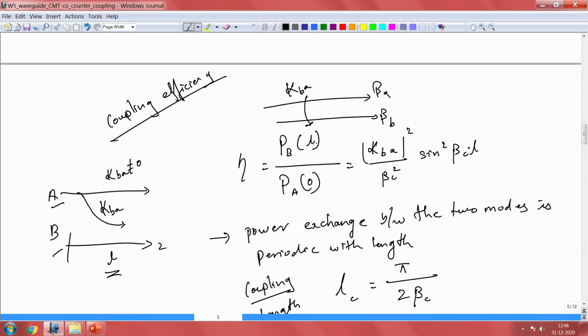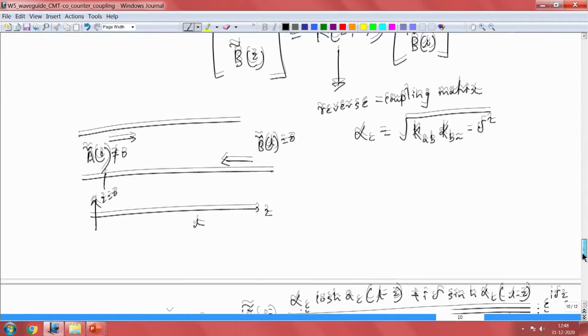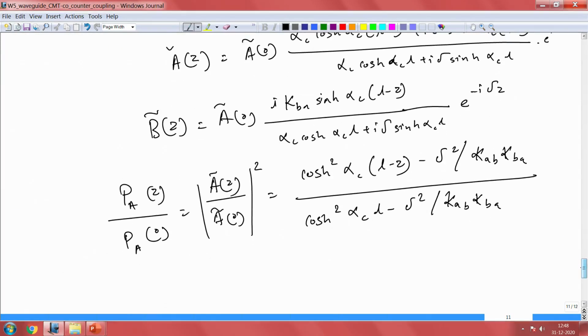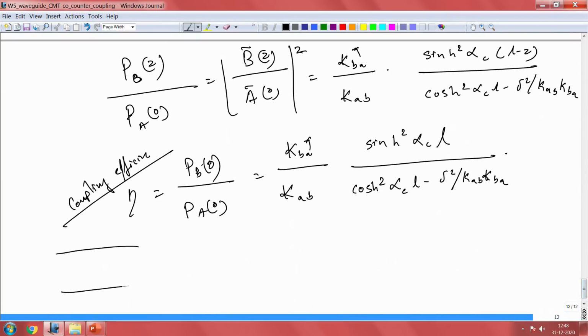So, how much power is transferred to B at a certain length L, but in this case we are looking at how much power is transferred from A to B at the initial position itself, because they are moving in opposite direction. So, you are looking at how much power will be coupled from A to B when it reaches the initial position. That is the coupling efficiency difference here. So, just keep that in mind.